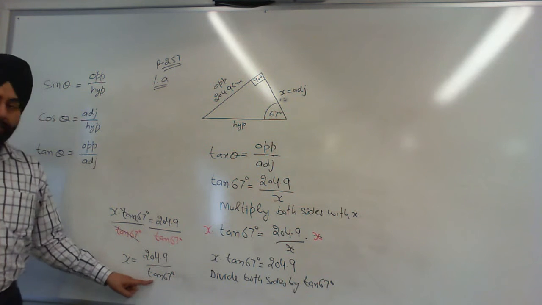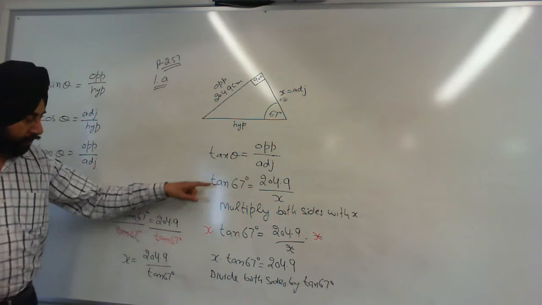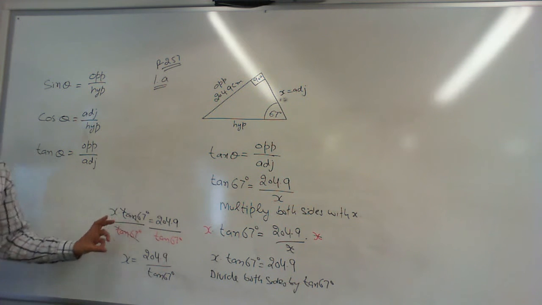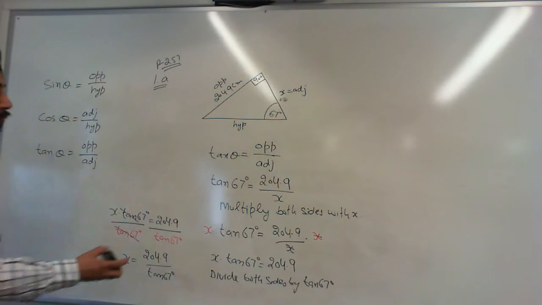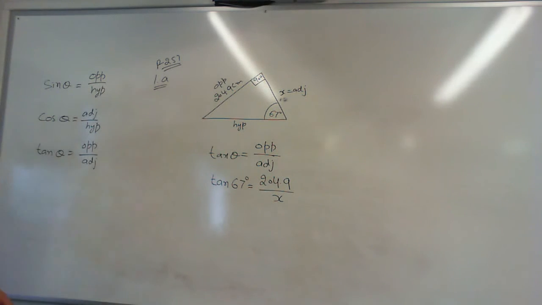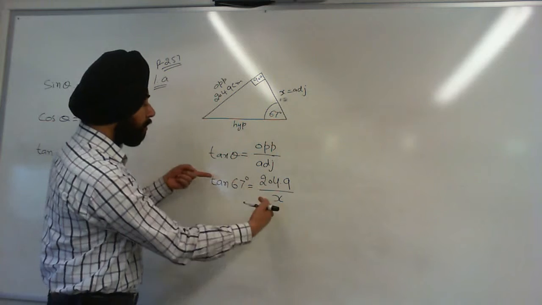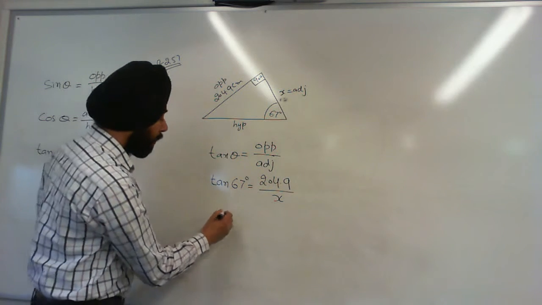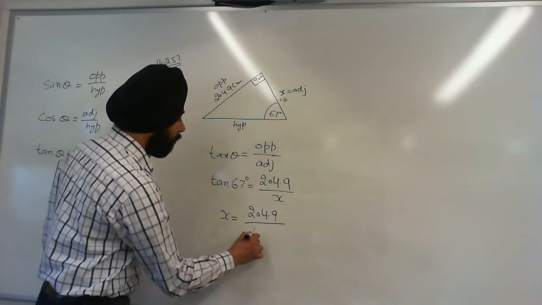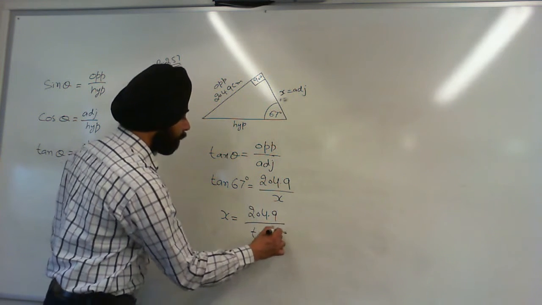I would prefer using this shortcut method. Just switch x and tan 67, and that gives you x is equal to 204.9 over tan 67.